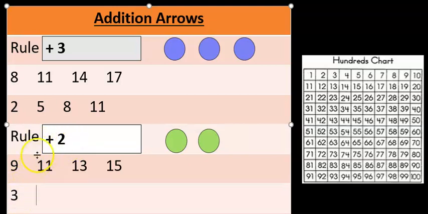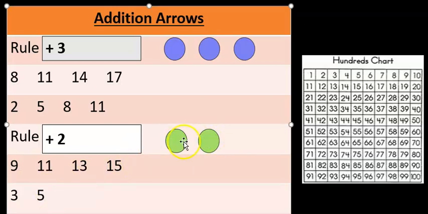So this 3 now we have to add 3 plus 2 to get our next answer here. We're going to still use these 2 green circles that are here. Now watch Mr. Begay. Count with me. 3, 4, 5. So our answer here is going to be 5.